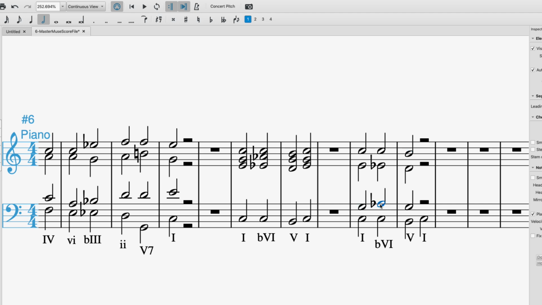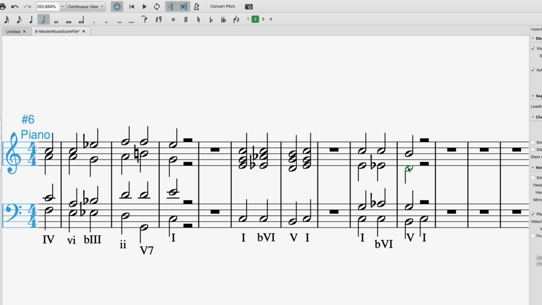This goes G, A flat, G. This goes C, C, C, B. That's okay. E flat, D. That's a little chromatic line in there. That's fine. A flat to E flat down to G to D. That is a parallel fifth.